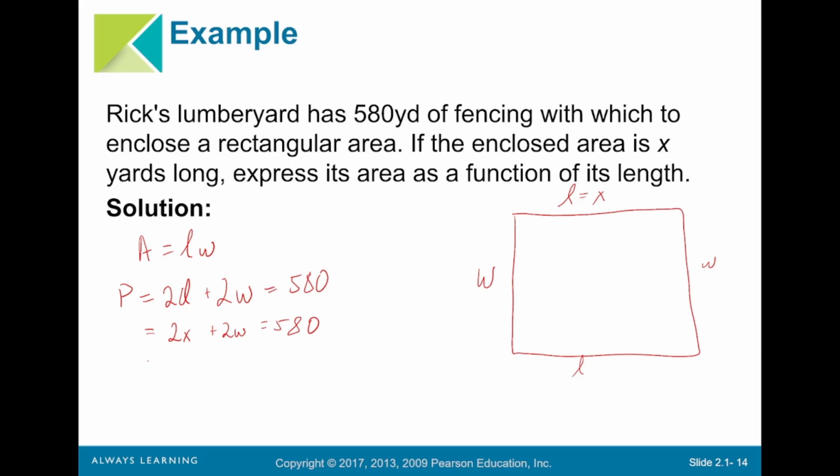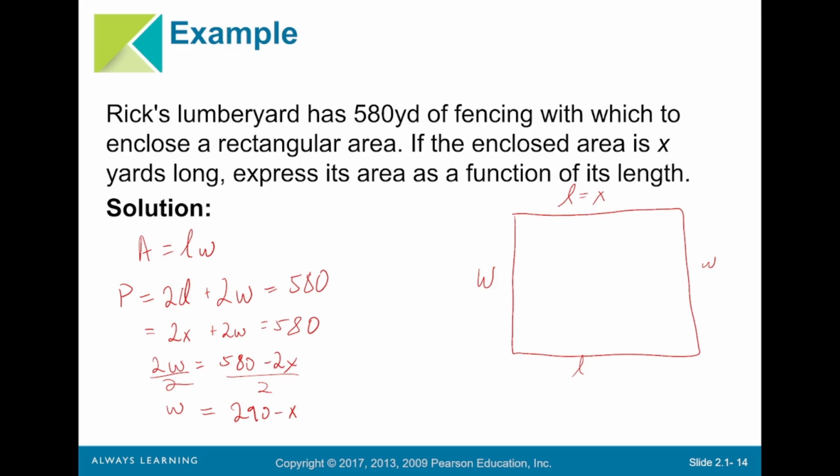So I'm going to subtract 2x from both sides, and I get 2w equals 580 minus 2x. Divide by 2 on both sides, and I get w is, and 580 divided by 2 is 290, minus x.